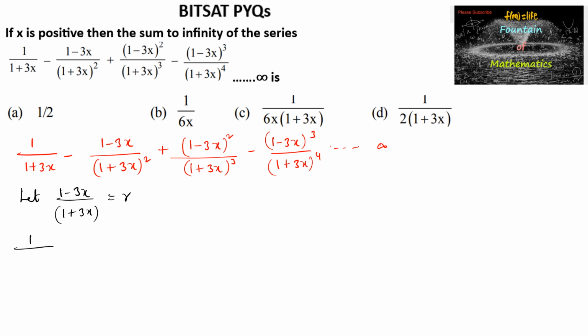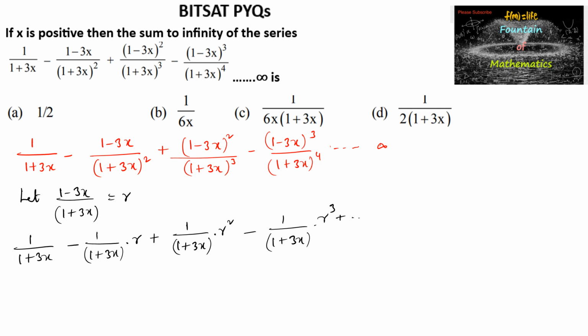So we can write 1 upon 1 plus 3x, minus 1 upon 1 plus 3x into r, plus 1 upon 1 plus 3x into r square, minus 1 upon 1 plus 3x into r power 3, and so on up to infinity.